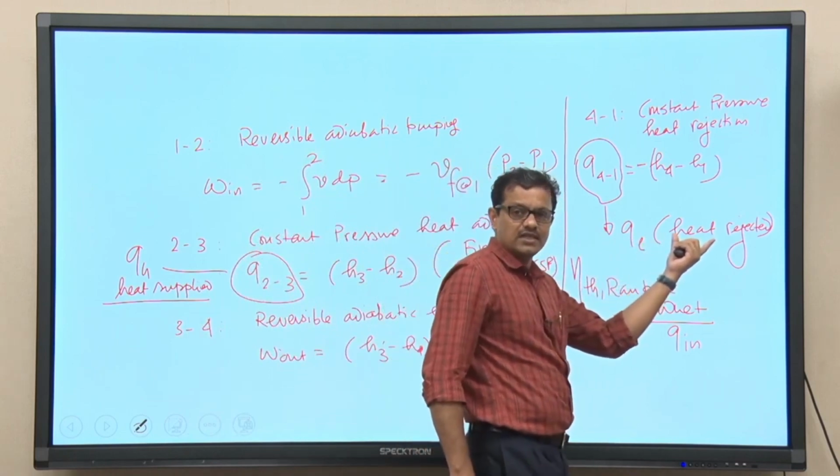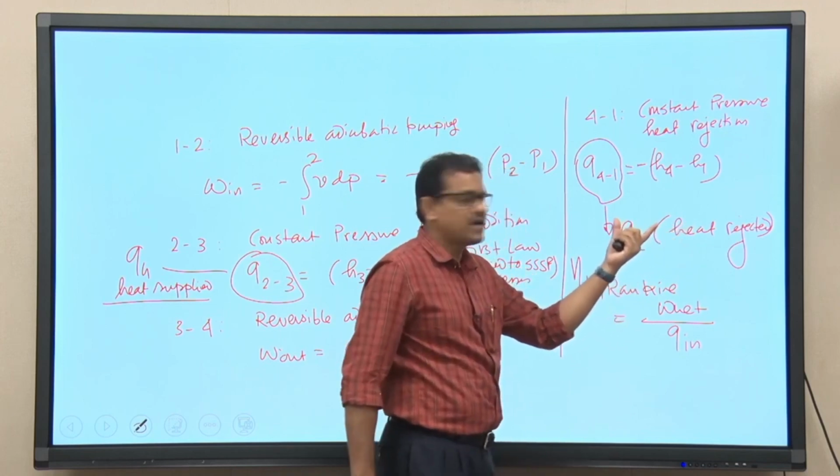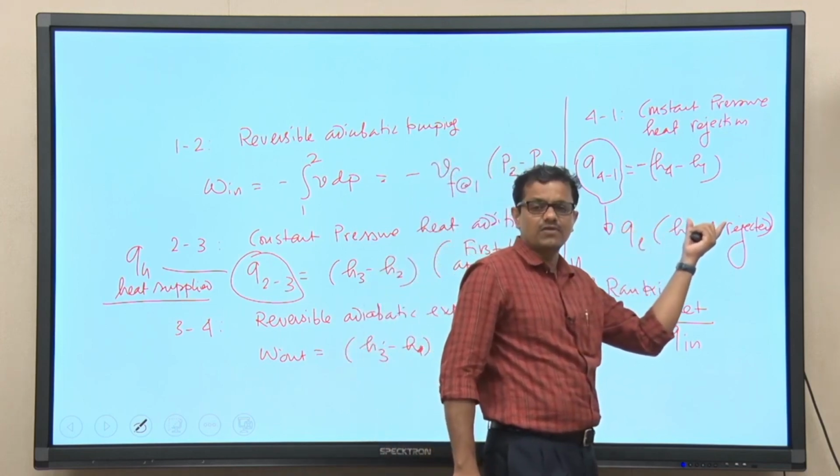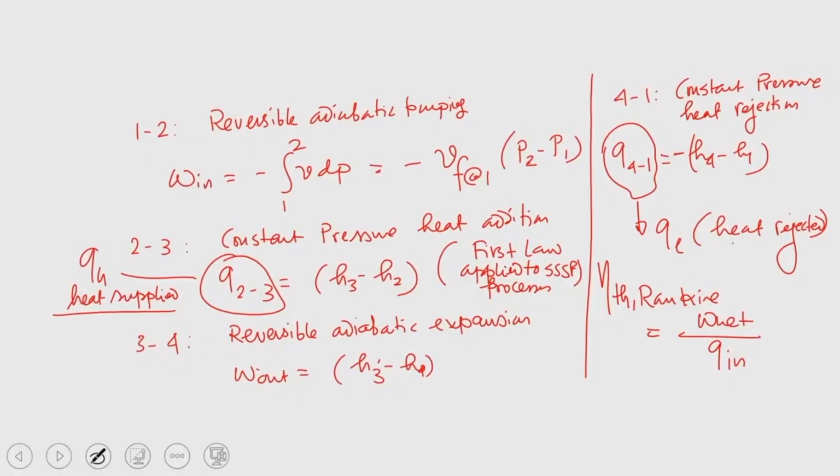Now, this is the amount of heat which is rejected. If you have visited any thermal power plant, you will find that this is the amount of heat rejected in the cooling tower. So, heat rejected to cooling water, okay. And this is the heat supplied by burning fuel.